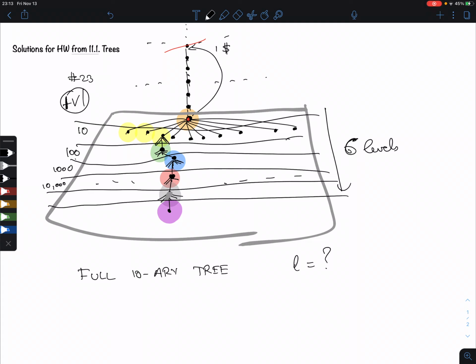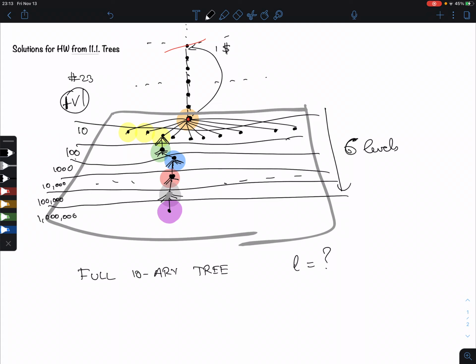Well, every one of the 10,000 red people has 10 descendants. So by the product rule, there are going to be 100,000 gray people. And each of them is sending 10 letters, so that multiplies it again by 10, so I get 1 million. So there are going to be 1 million purple people.